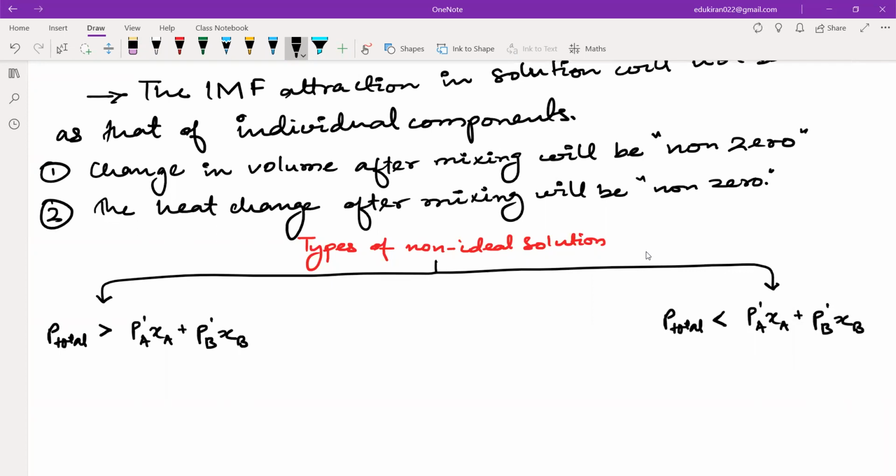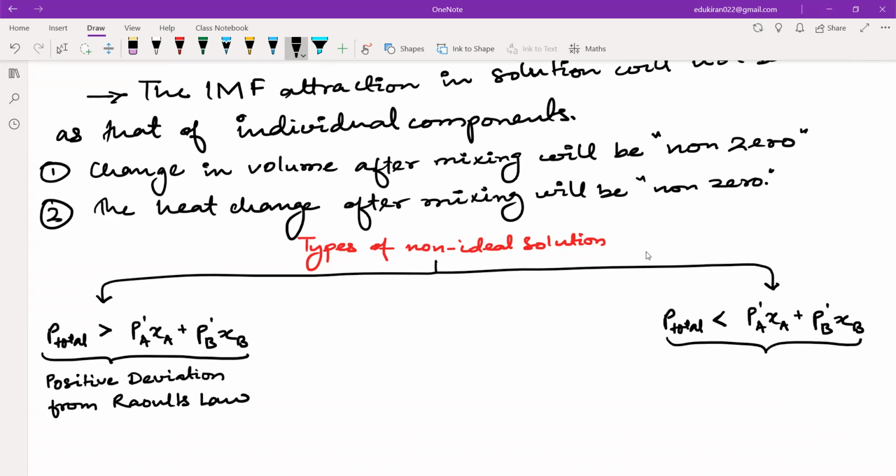If any solution shows an experimental value greater than the calculated one, then we say it shows positive deviation from Raoult's law. And this will be named negative deviation from Raoult's law. Okay, it's easy.